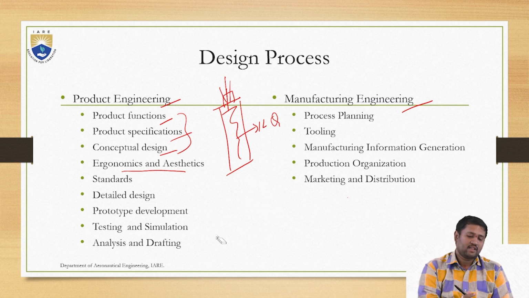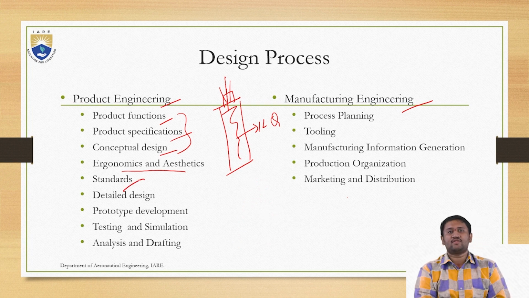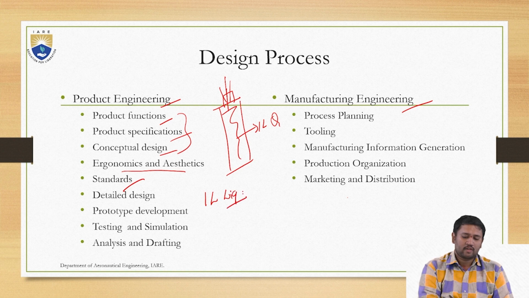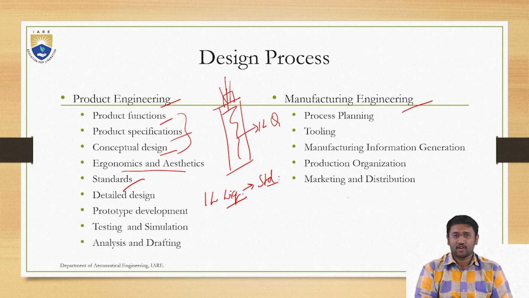Next are your standards. What standards do you want to follow while drafting or creating a water bottle? Basically, you want 1 liter of liquid, right? This liquid you are supposed to pour in under standard conditions: the water should be of standard quality, and the material should be of standard quality.